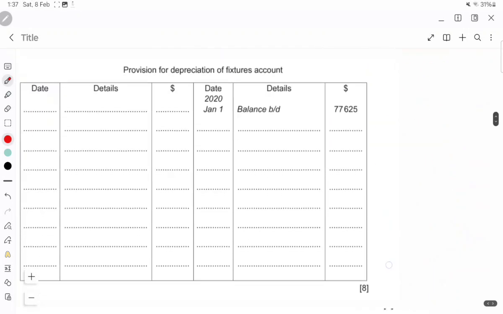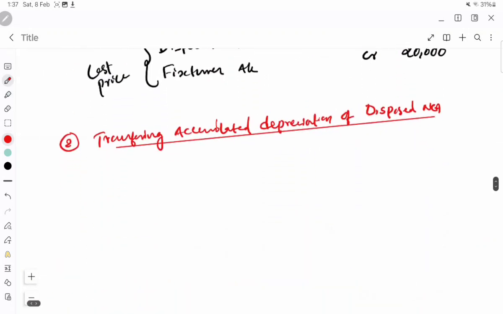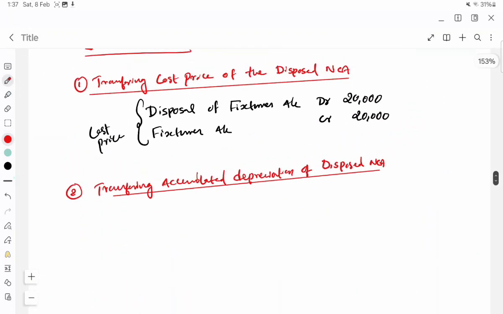So 11,250 should be transferred to the disposal account. That is the second procedure, transferring the accumulated depreciation of the disposed non-current asset to the disposal account.